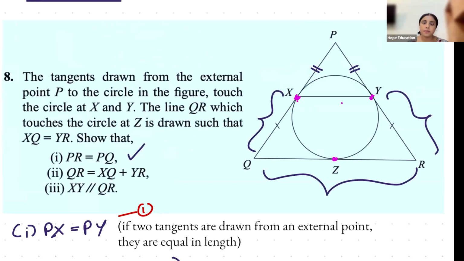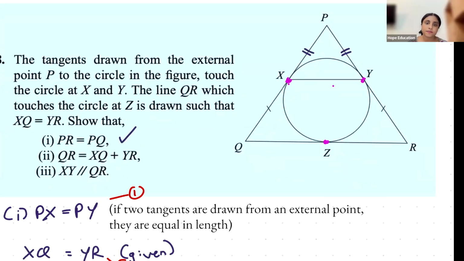Then, children, again, this is not that difficult. Something that we know already is if you take Q as the external point, QX and QZ are the tangents drawn from Q to the circle. Therefore, do you understand that QX and QZ would be equal? Did you understand that?